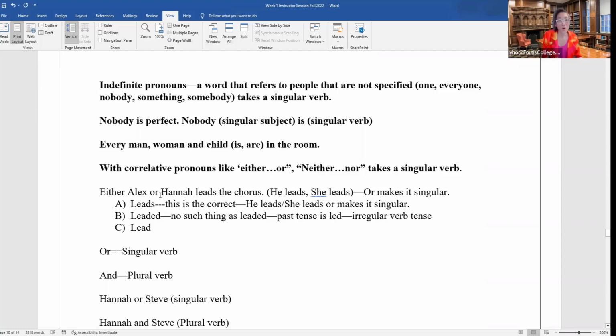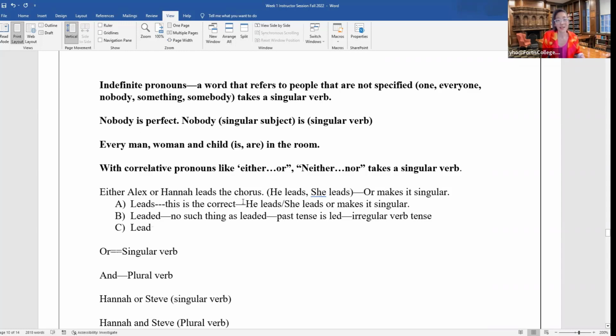Actually, the word or, and also the second subject here. So Hannah is the subject because it's the second subject of either or, and therefore, since Hannah is a singular subject, it will take a singular verb, leads. Okay, so therefore, the correct answer is A. Either Alex or Hannah leads the chorus.